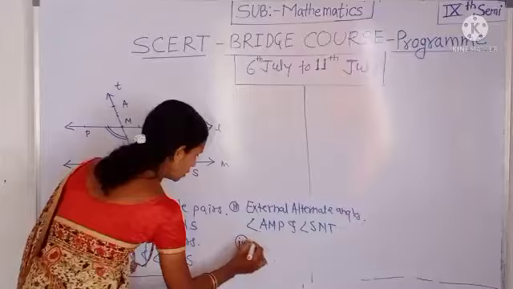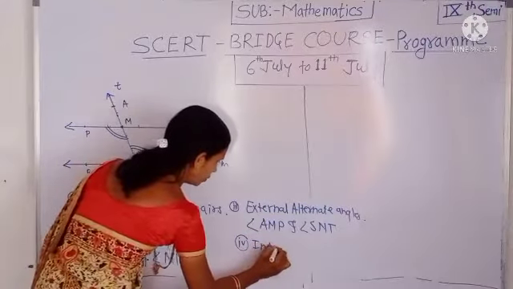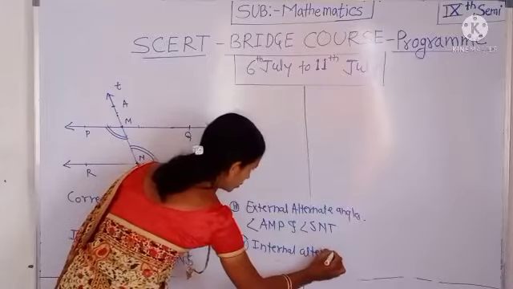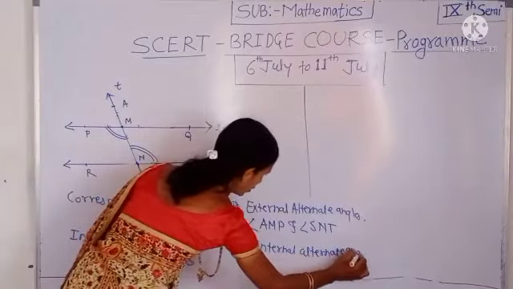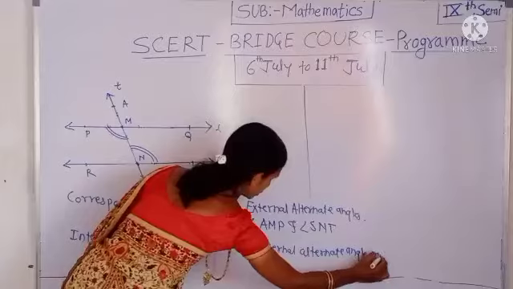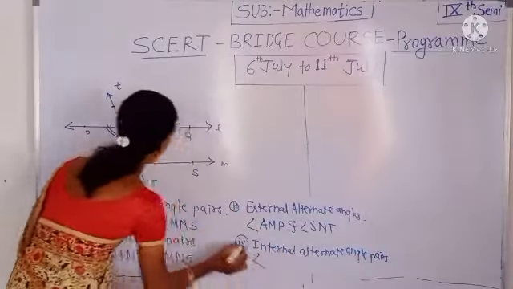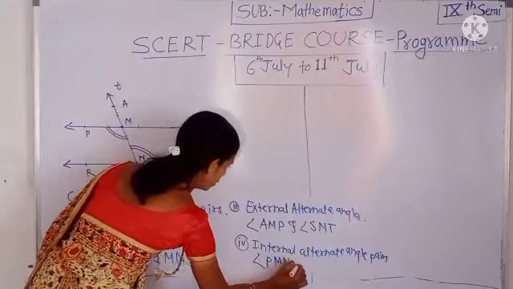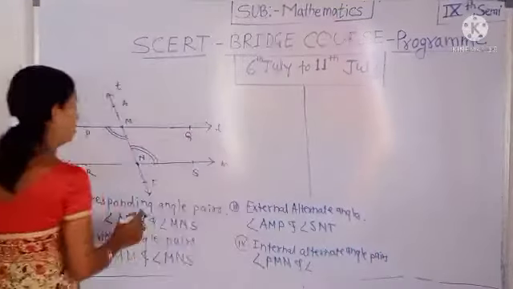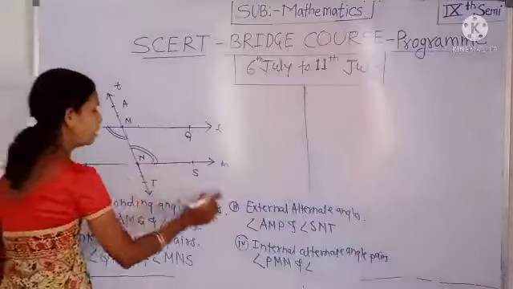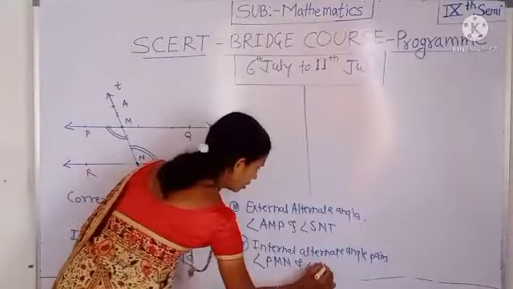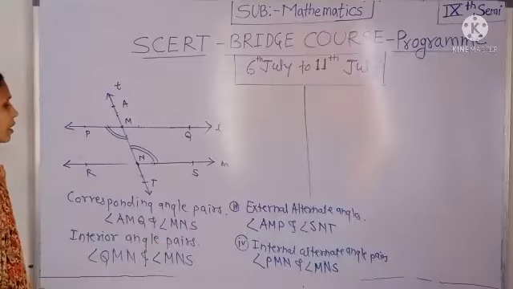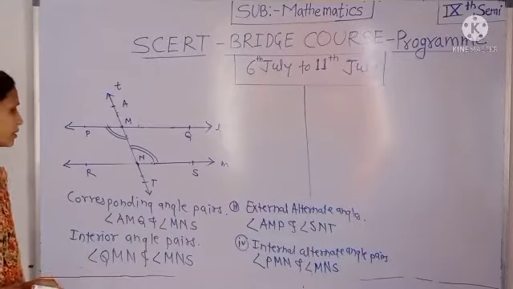That is the fourth one, internal alternate angle pairs. The angle pairs are angle PMN and angle MNS, the internal alternate angle pairs.